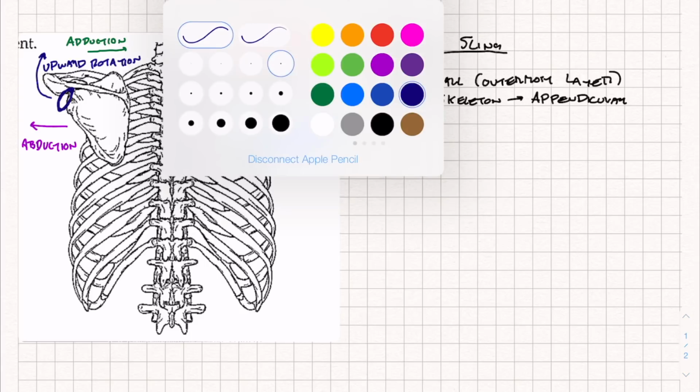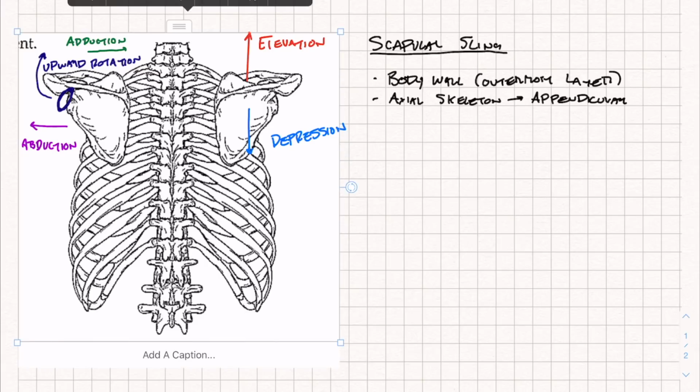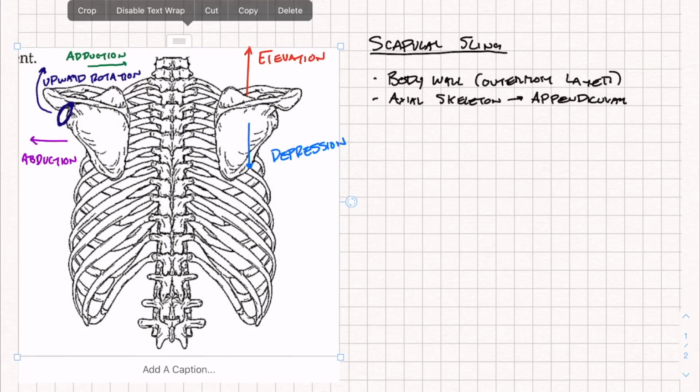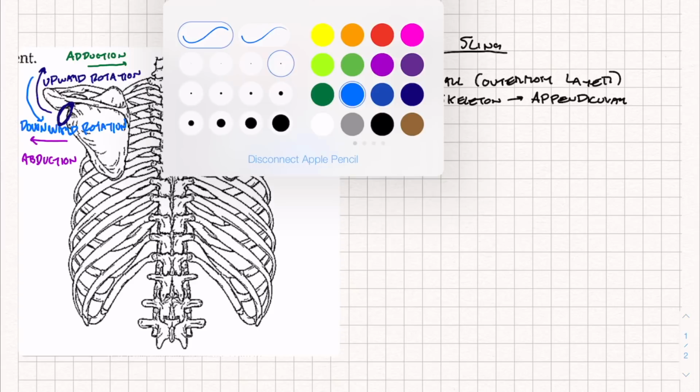And then if it goes back down, you're also able to do the opposite, and that's called downward rotation. Okay, so there are the actions of the scapula that we need to know.